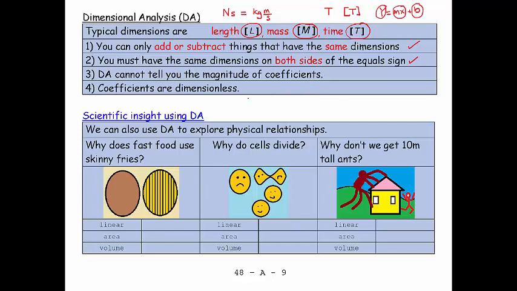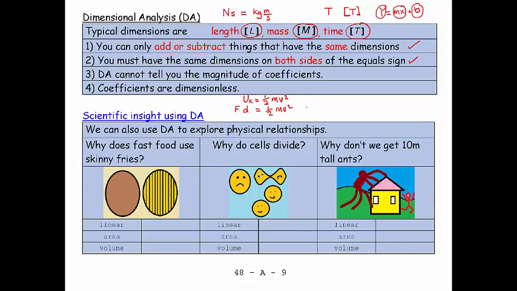Let me give you an example of that. Let's use a real equation. So kinetic energy is equal to 1/2 mv squared. And I know that kinetic energy is like work, and work is a force times a distance, which would give me the same thing as 1/2 mv squared.